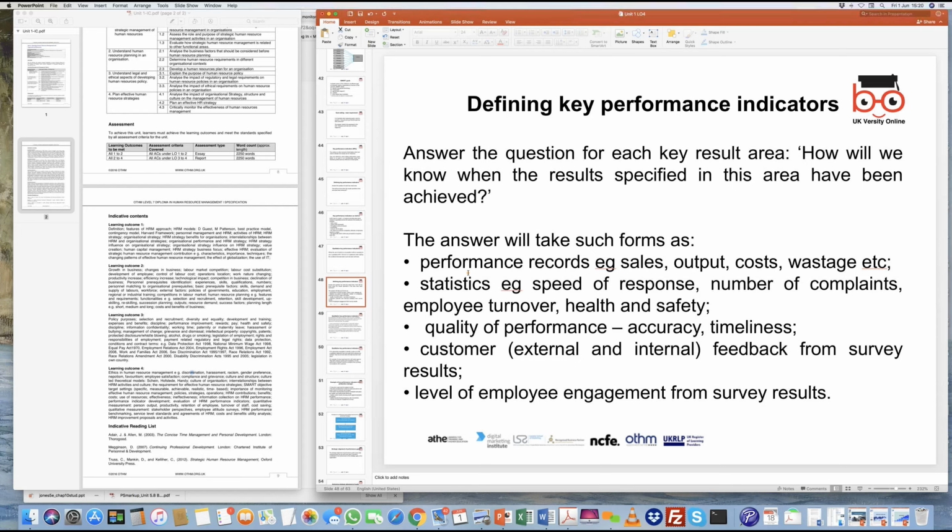If I say we need to look at quality of performance, we need to improve our accuracy, like when you see people who work within the airline sector say that we need to have departures on time and arrivals on time.